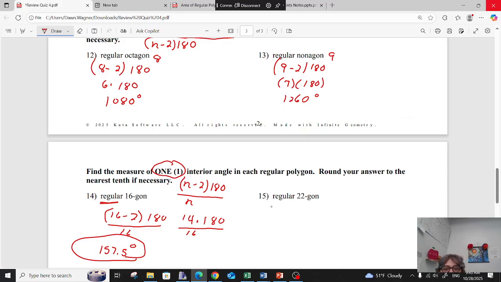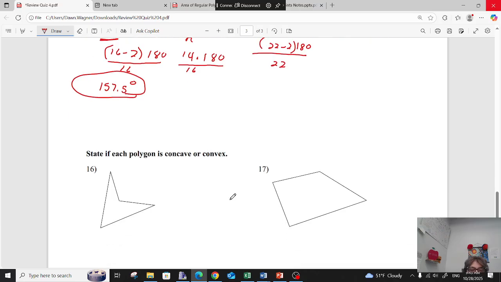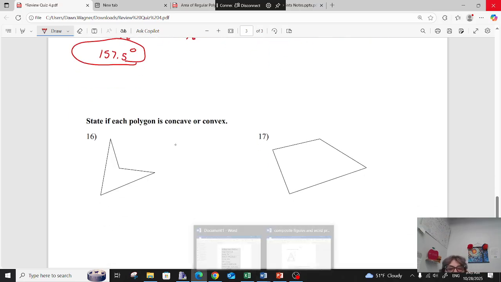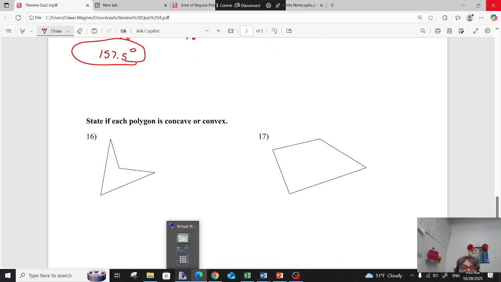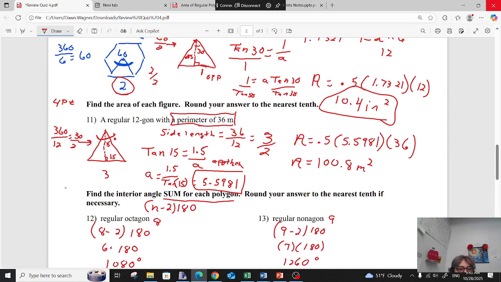This is the same way. 22 minus 2 times 180 divided by 22. I'm not going to go ahead and work all that out because I want to give you more time for your test. Okay, these are easy. Okay, so these all, the last 4, these are 2 points apiece. Right?